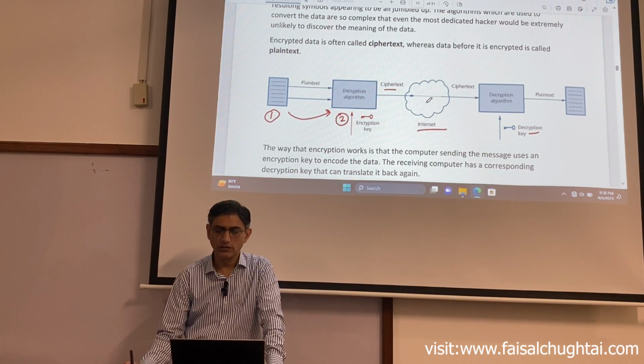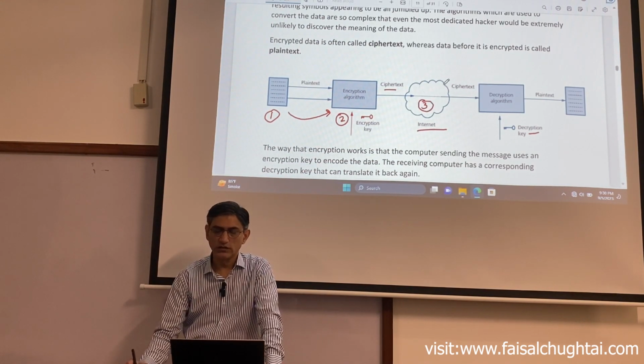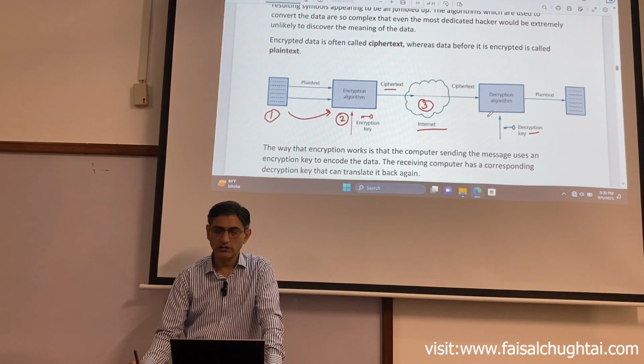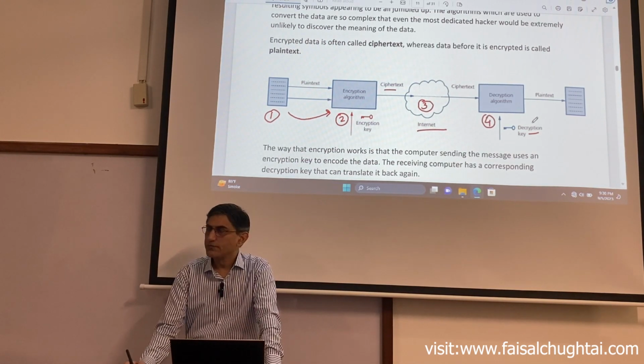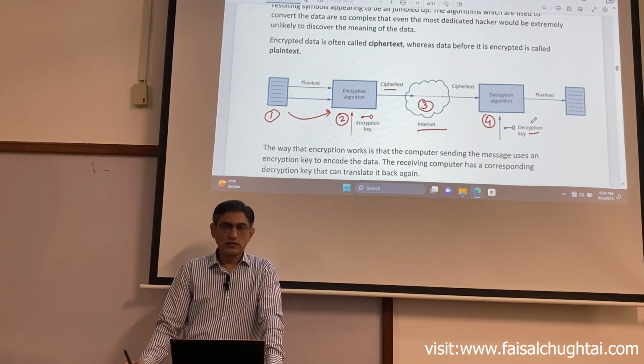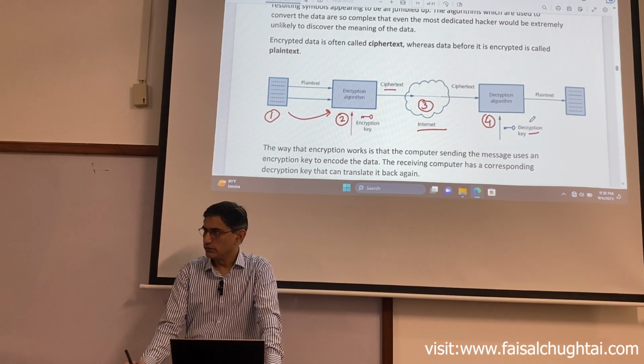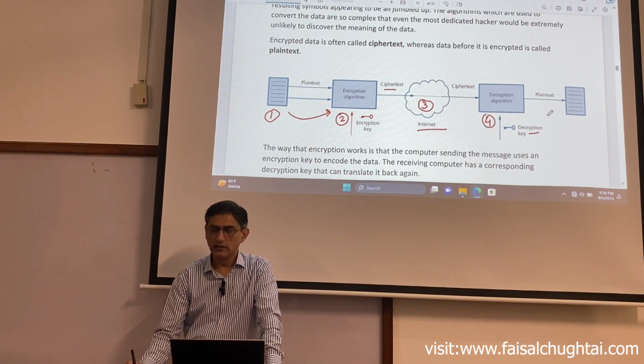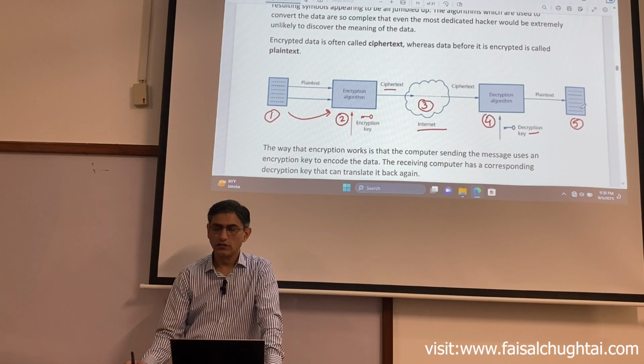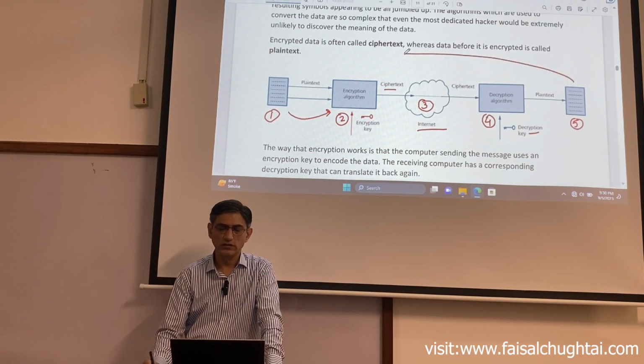Step 3 is where it gets transferred over the network. Step 4, where it arrives at the destination, and the recipient, using his private key, the same algorithm, uses it to decrypt the message and it gets converted back to the plain text, the original form that it was.